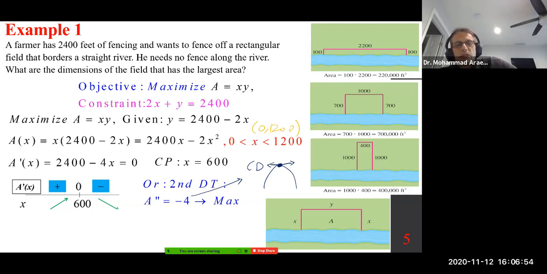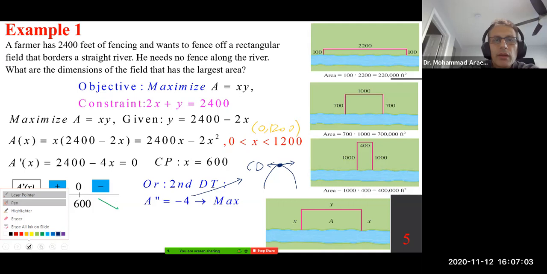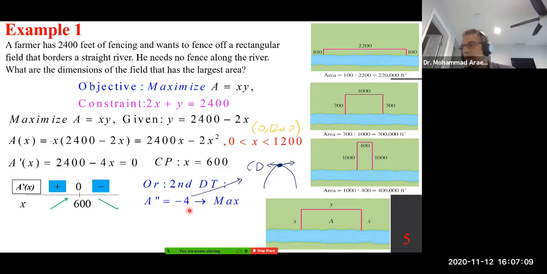So the max occurs there. I hope you see that the second derivative test is easier. Of course, we are supposed to plug in the critical point into this A double prime, but because it is not a function of x, you don't need to. And so having said that, the choice is x equals 600.